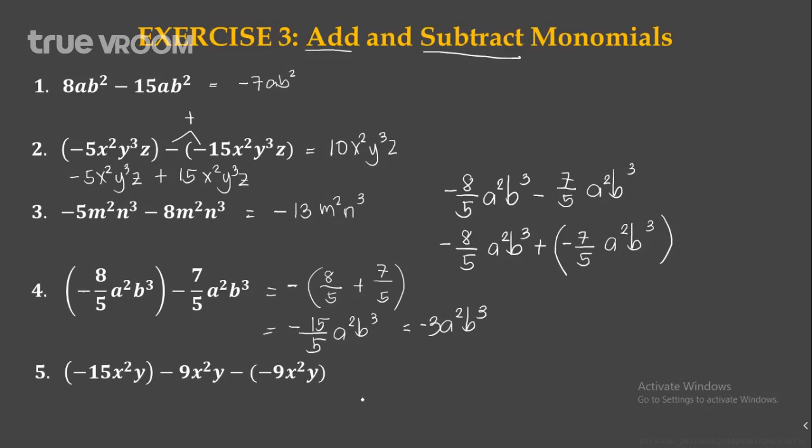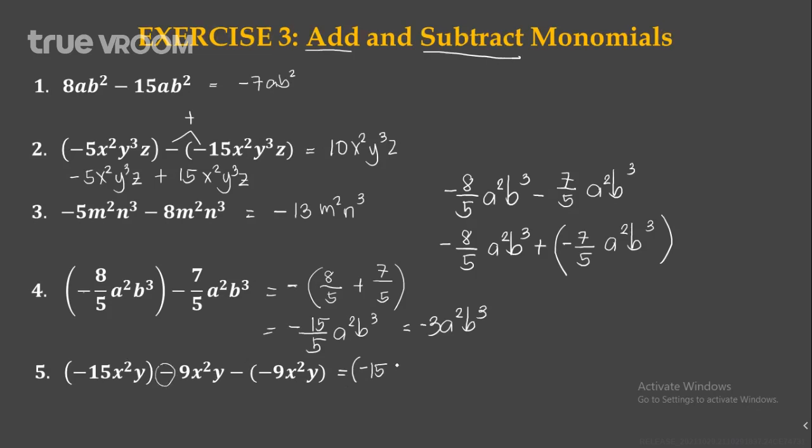Can you do number 5, Ramida? Negative 15 minus 9. Okay, we can change this one.